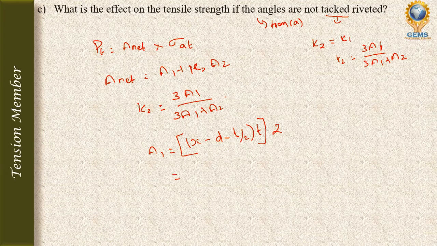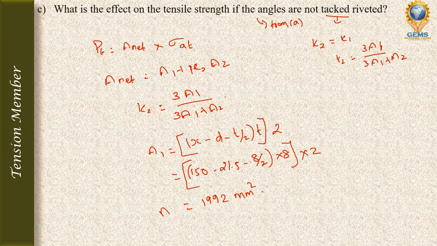So it is (150 minus 21.5 minus 8 by 2) into 8, into 2. So it comes as 1992 mm square, as in condition A.